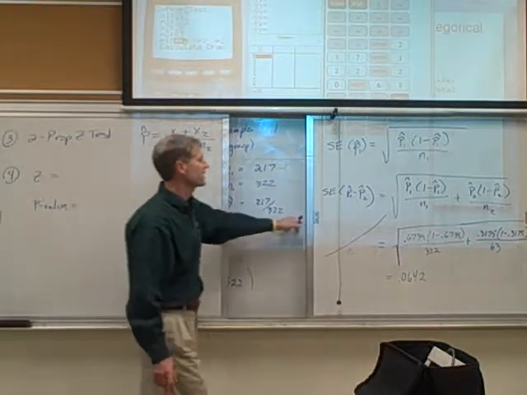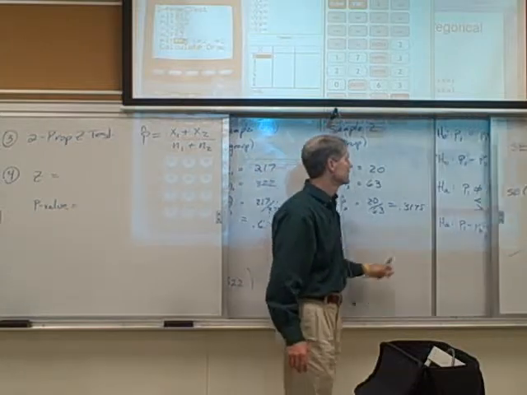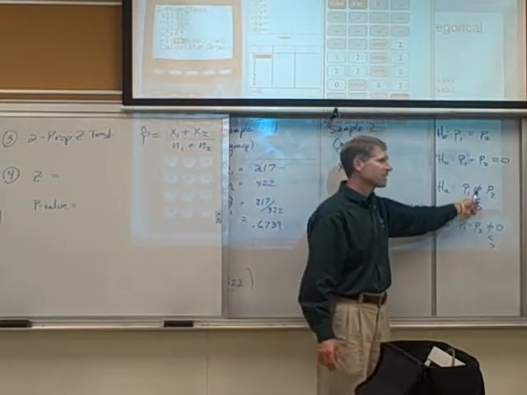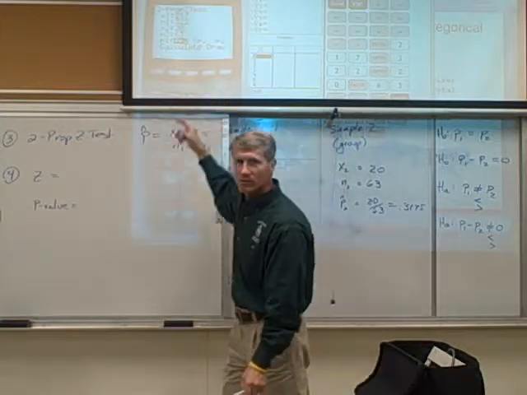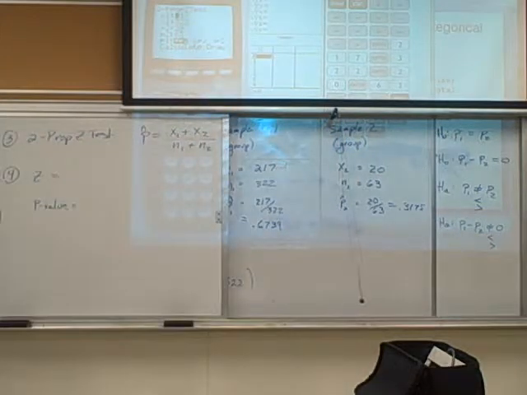And the correct alternative, we're doing the not equal symbol. So we have P1 not equal to P2. So make sure that one is the one that's selected. And press calculate.